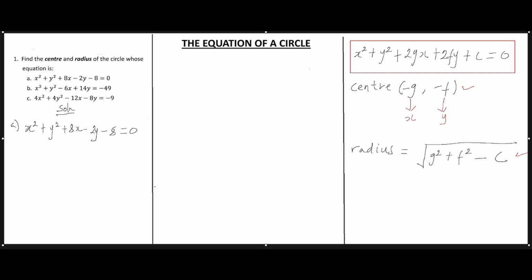The coefficient of x is 2g. With circle A, the coefficient of x is 8. So 2g must be equal to 8. Remember, we are solving for g. So we divide both sides by 2. So we have our g as 4.